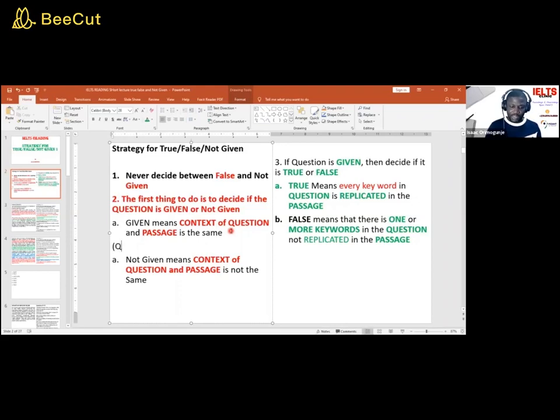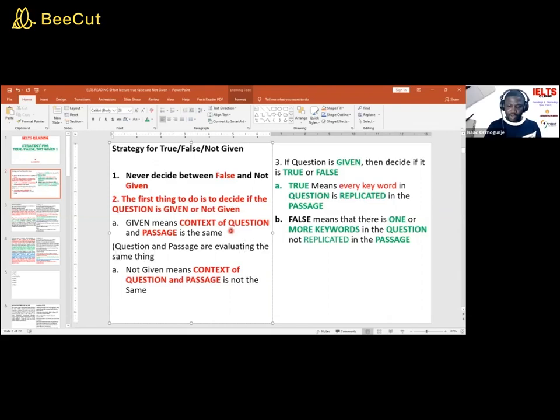The question and the passage are evaluating the same thing.